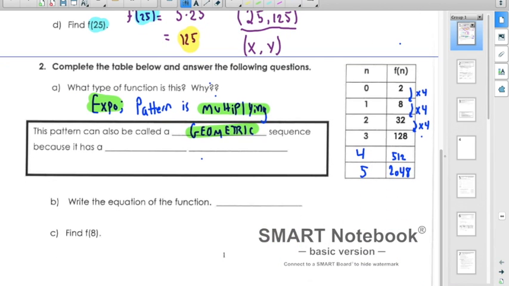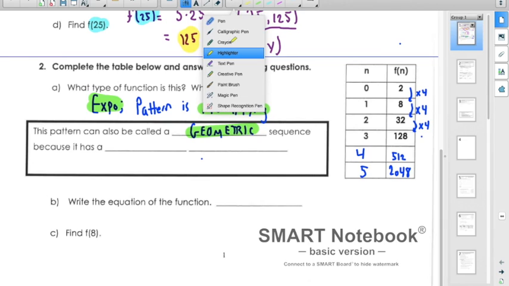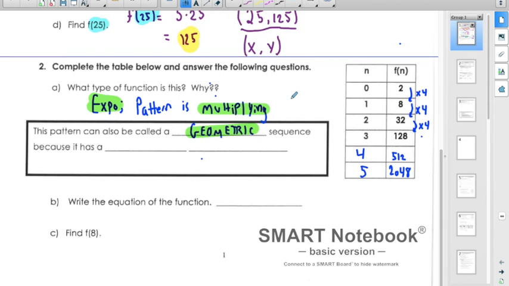And it is a geometric sequence because it has, hopefully you guys remember what this one is, not a common difference, but it has a common ratio. And that is just defined as what number am I multiplying by. In this case, our common ratio was 4. Multiplying each number by 4.